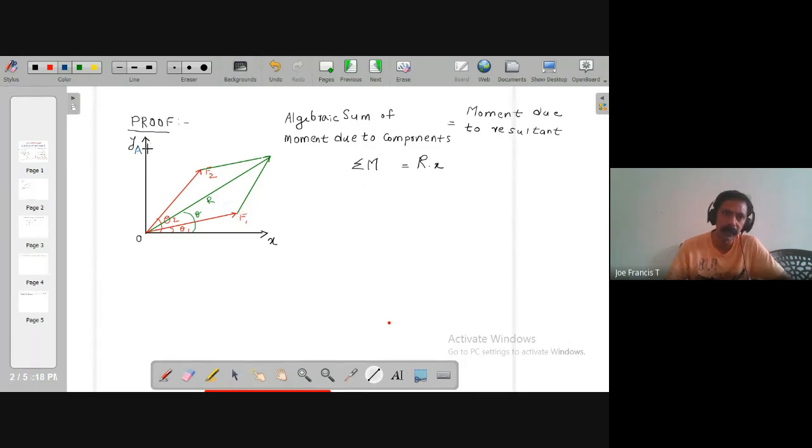You have to drop a perpendicular from A to F1, perpendicular over here. Right. Suppose that distance is d1. Say this distance is, say, d1.